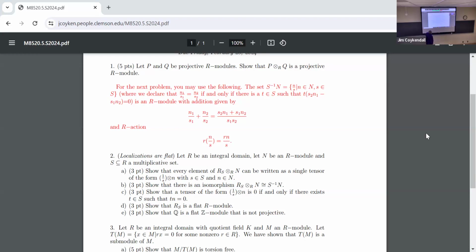And remember, we declared two such fractions, N1 over S1 equals N2 over S2, if and only if there's a T in S such that T times the cross multiple, S2 N1 minus S1 N2, is equal to 0.